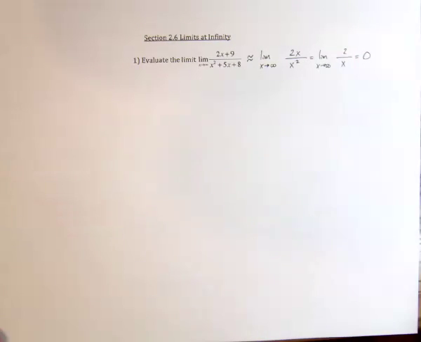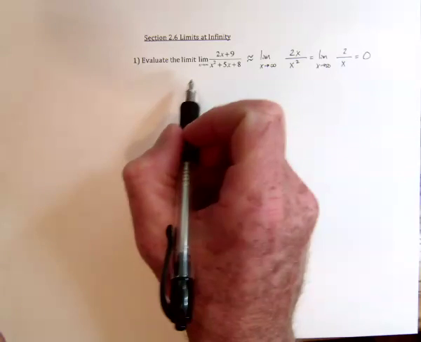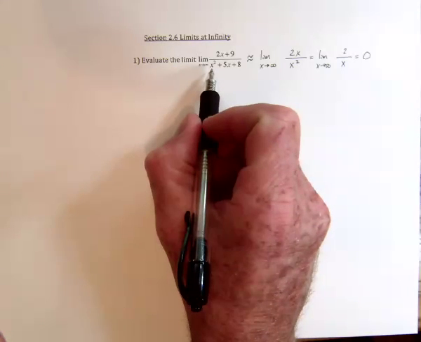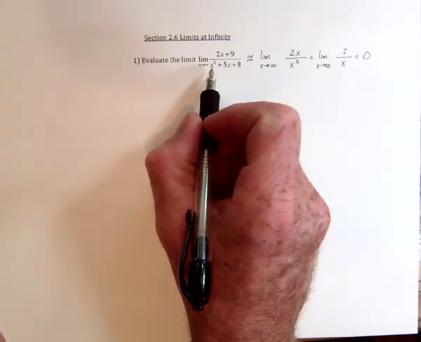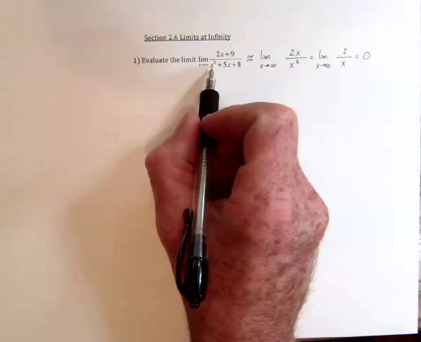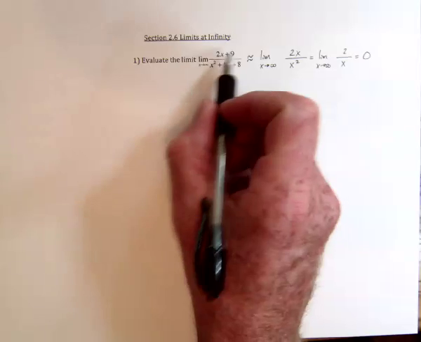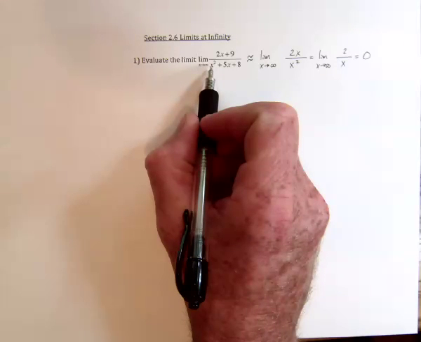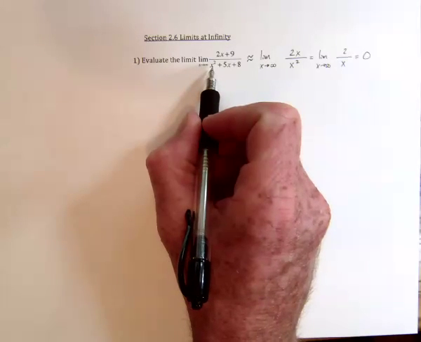Okay, here's another way, and some people like to do this. What you do is, whatever the highest term is, or the polynomial with the biggest degree out of all of the terms, take that and divide all of the terms by that.